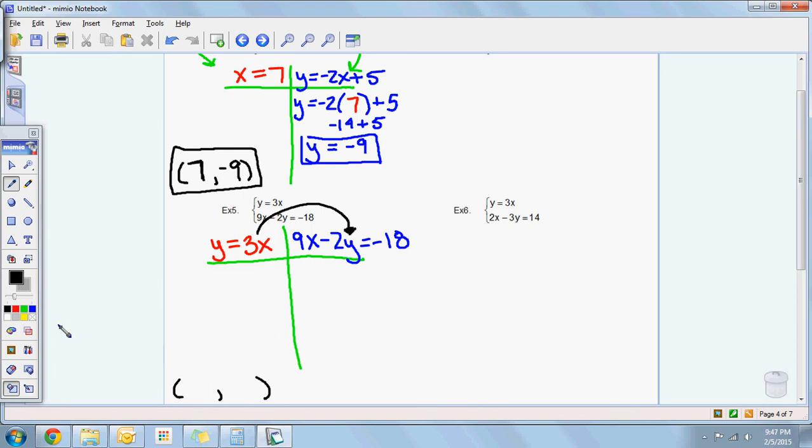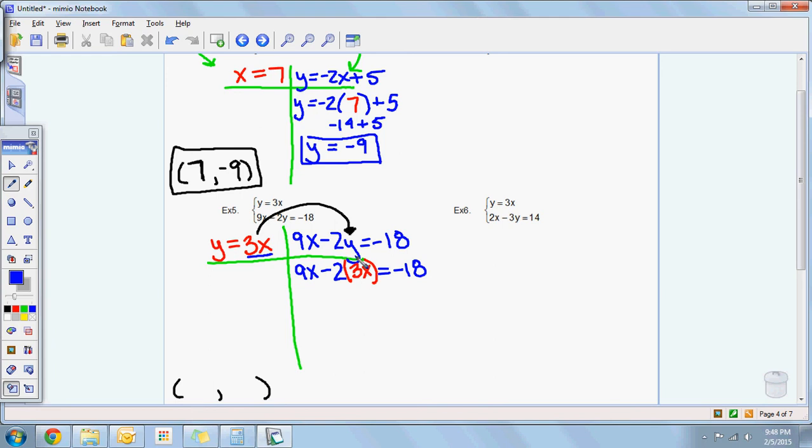Let me show you what I mean. I'm going to rewrite this equation, 9x minus 2, and instead of writing y, I'm going to write 3x. So times 3x is equal to negative 18.